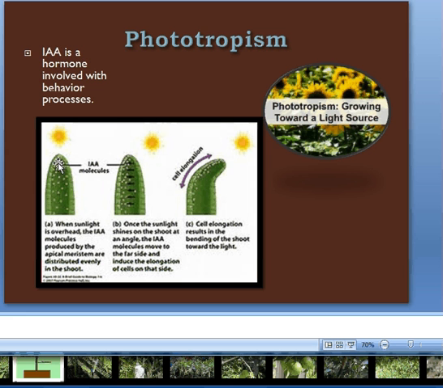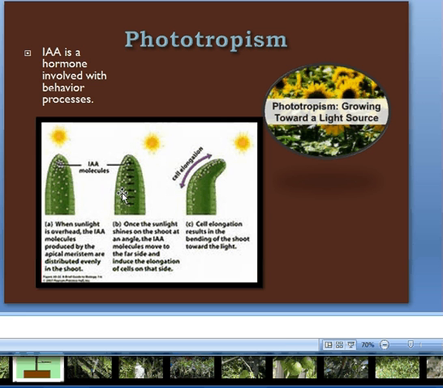And usually when sunlight is directly overhead, all the auxins are kind of evenly distributed throughout the shoot here, and kind of congregate toward the tip. But watch what happens when the sun goes over to the right side here, and so it's shining down on this side. Well, the auxins move to the opposite side of the plant, away from the sun.